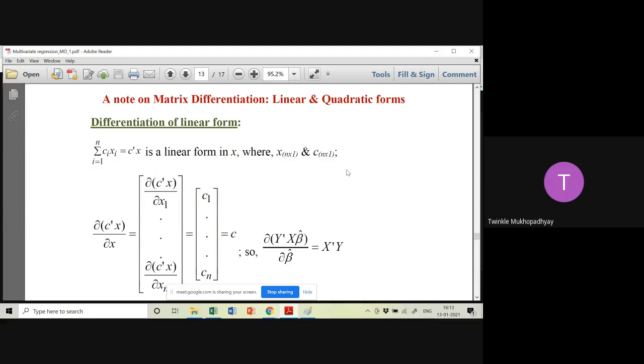Ma'am, can you explain this again? Which one? The multiplication or anything else? How summation Ci xi became C prime x?